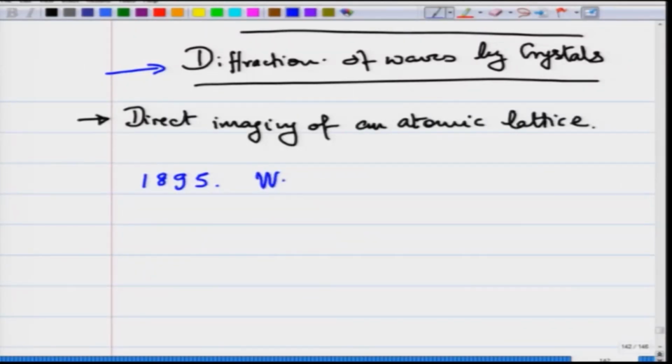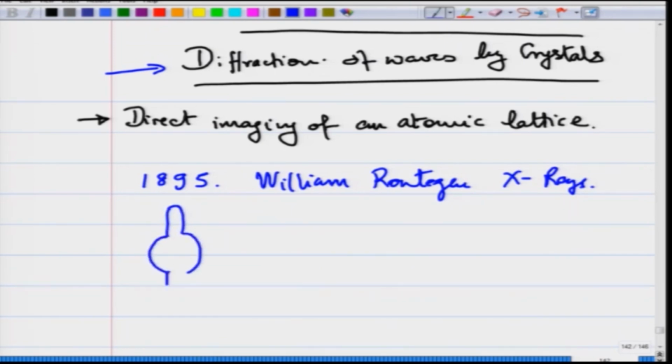This topic actually started off in 1895 with the discovery by William Röntgen, who discovered X-rays. He had a tube, and from one end of the tube electrons are generated and accelerated, and they hit another target, which could be tungsten.